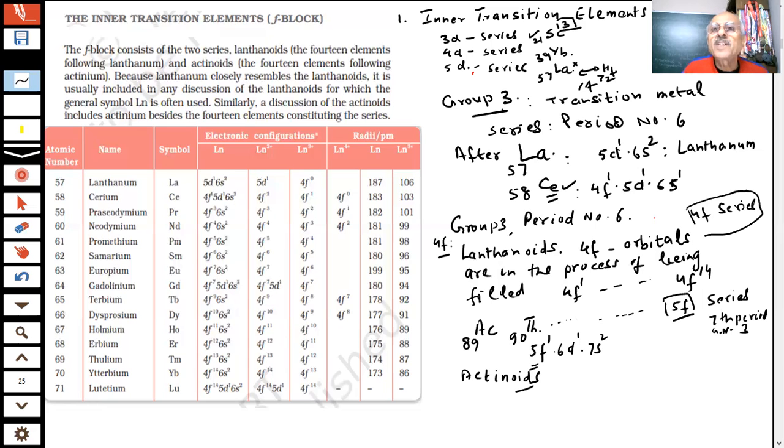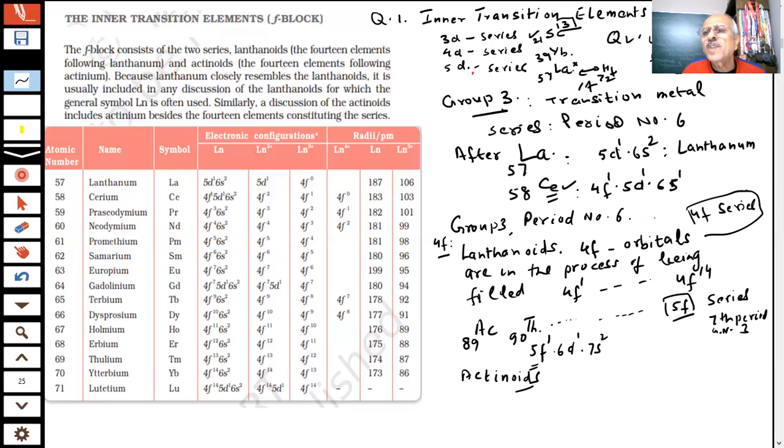So inner transition elements, basically, you have two series. That is question number 1. Question number 2: what are f block elements?